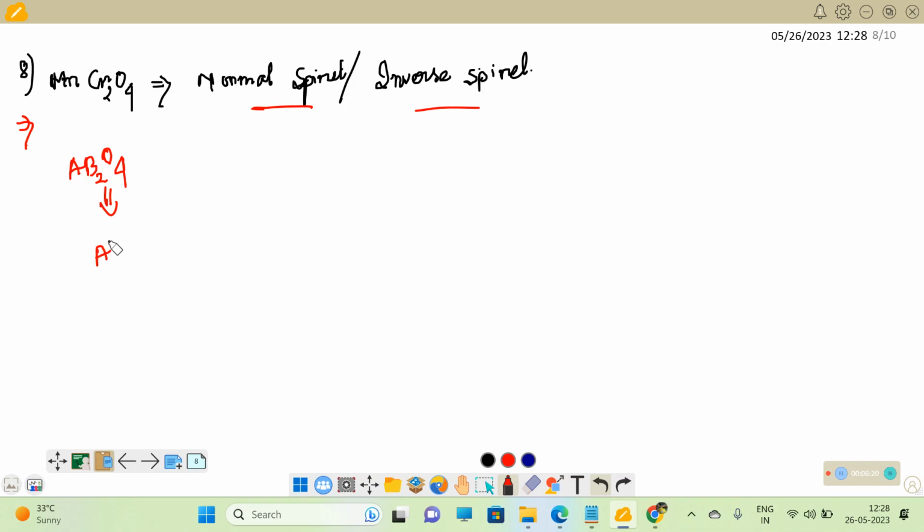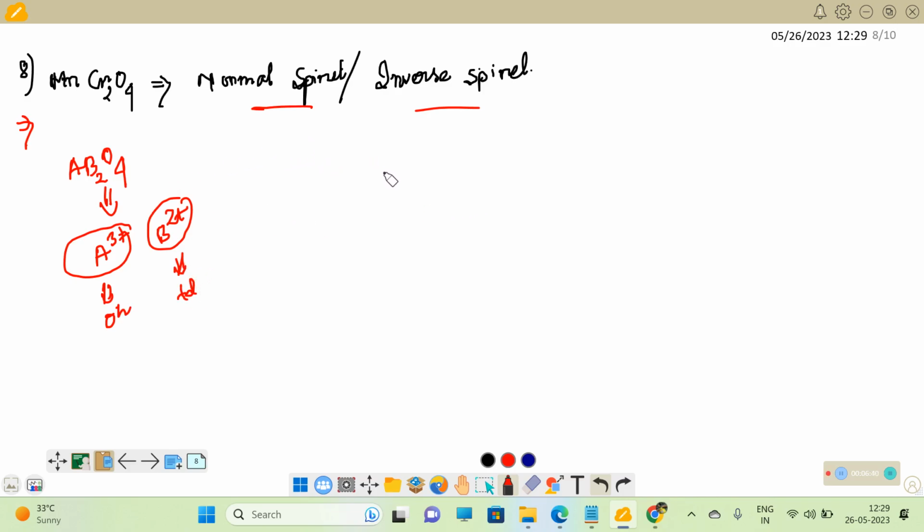We take A2+ and B3+. If it is a normal spinel, A will occupy the tetrahedral void and B will occupy the octahedral void.